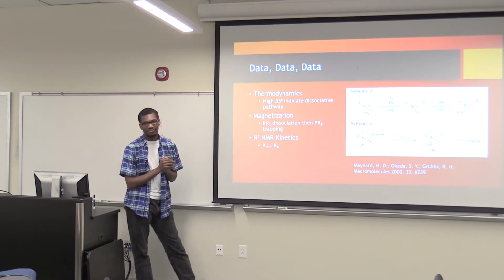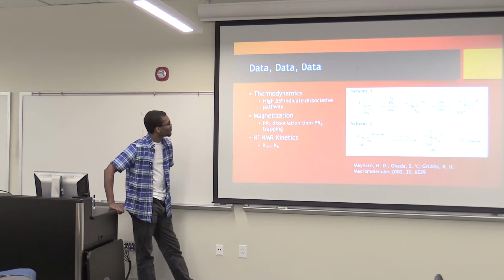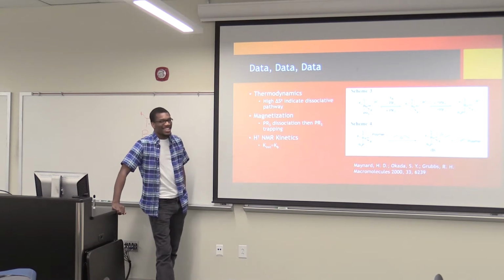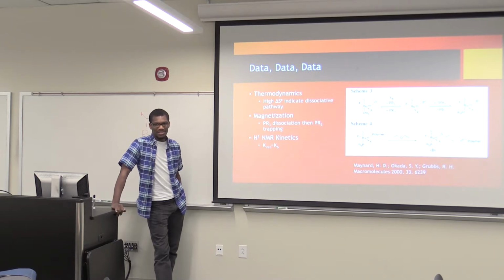So tell me again why delta S transition state is positive for the dissociative pathway? Well, I said that it was because going to that 14 electron intermediate required more energy to go forward.